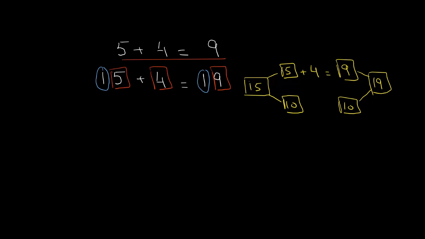When the augend, please remember this is called the augend, increases by 10, the sum is going to increase by a 10 also. It's going to be the same number. So that's the same principle, that when the augend increases by any number, the sum increases by the same number.